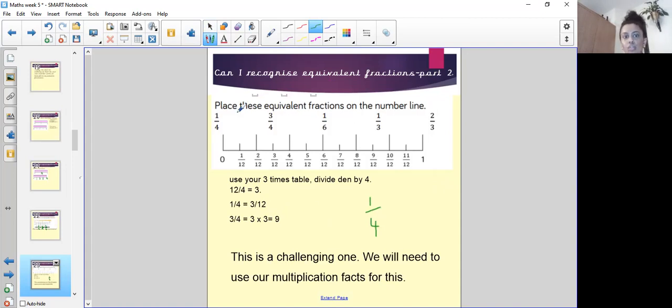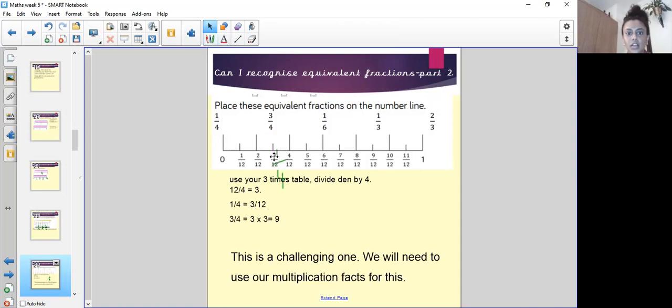So a quarter on the number line would be the same as 3/12. So 3/12 is the same as 1/4, because what do you times 3 by to get to 12? So we times 3 by 4 to get to 12. So that's where we would put our quarter.